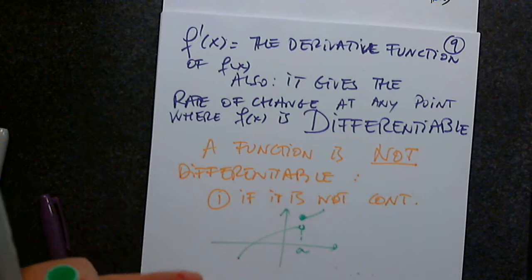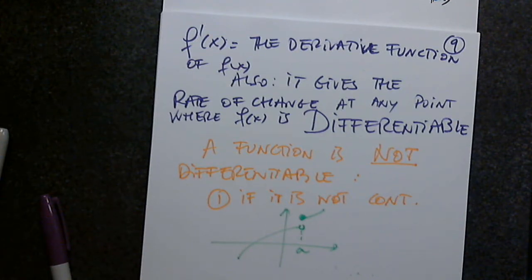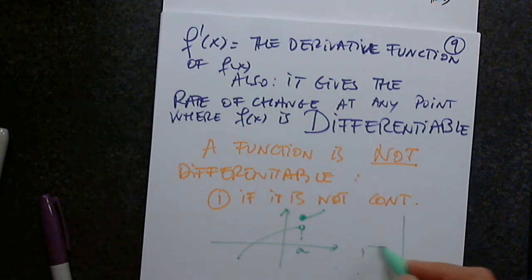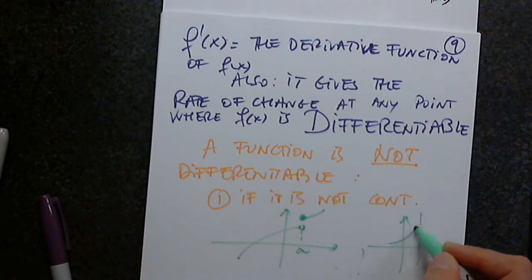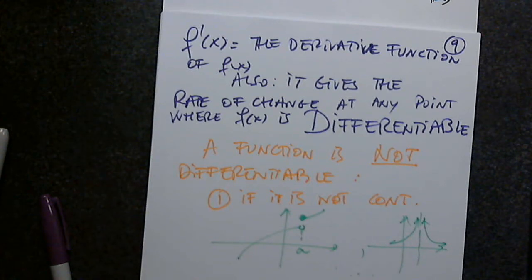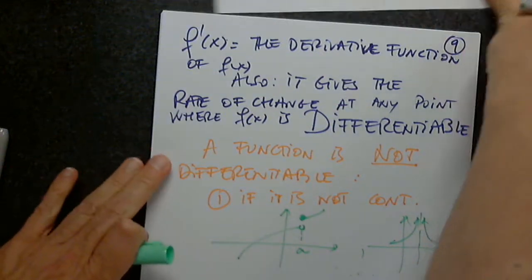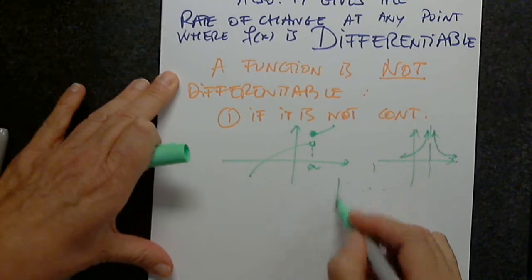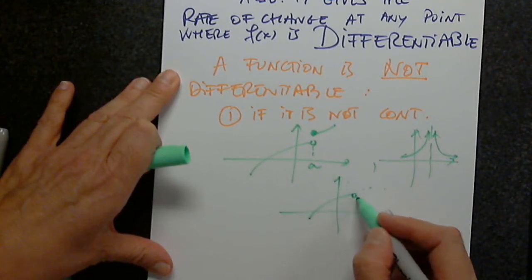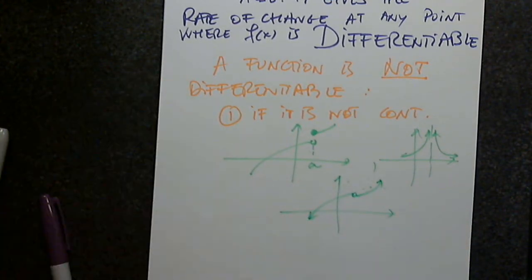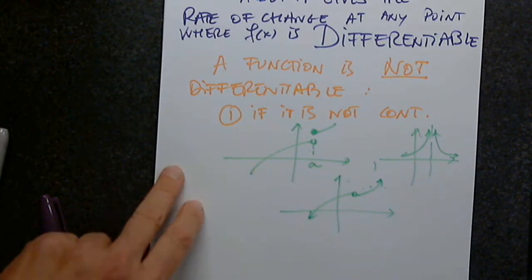Of course, if it's a removable discontinuity, it's a different story. But if it's an infinite one, so whenever it's not continuous, including, of course, the removable, if the function is not continuous, the function is not differentiable at that point.